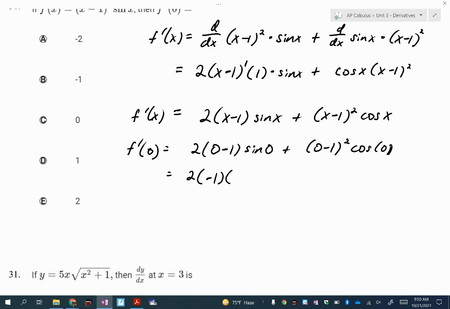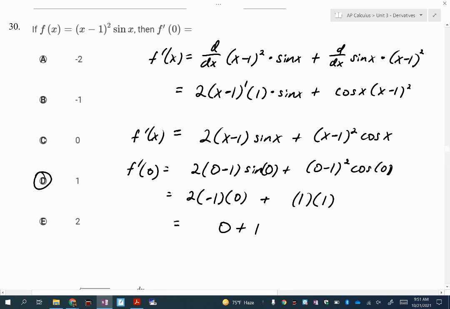You can always refer to the quadrantals. I know that the sine of 0 is 0. Plus (0 - 1)^2 is positive 1 times the cosine of 0 is 1. So all of that is going to be 0 + 1, which is 1. That is number 30.